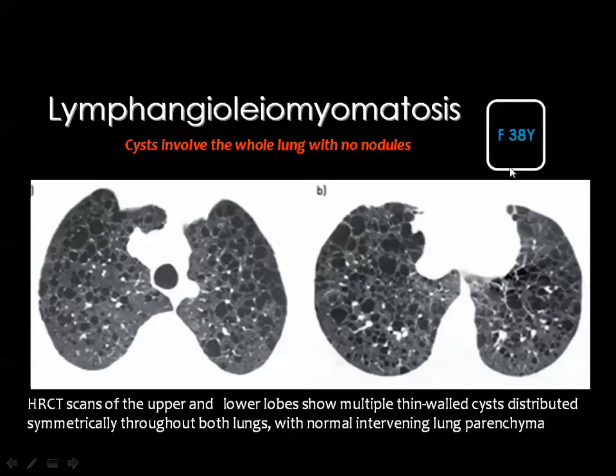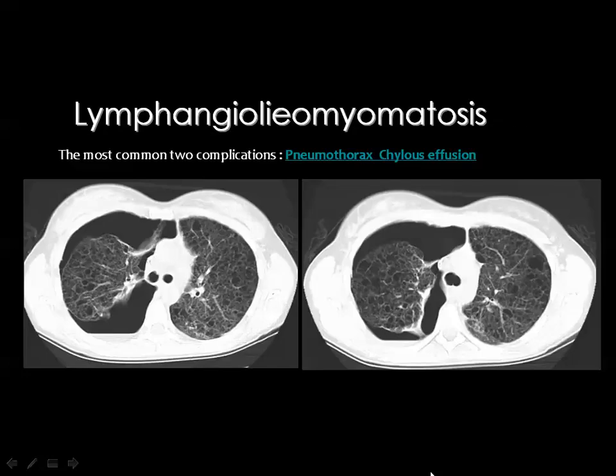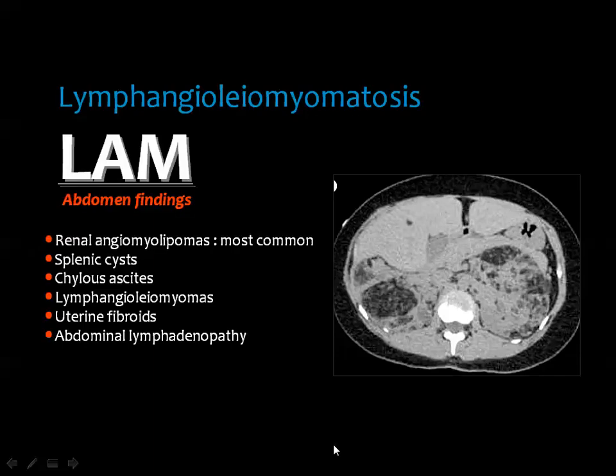This is a female patient, 38 years old, and the chest high resolution CT showed extensive widespread cystic lesions of thin wall scattered throughout the lung fields. Of course, similar to histiocytosis, one of the cysts may rupture, resulting in a pneumothorax, as you can see in this case.